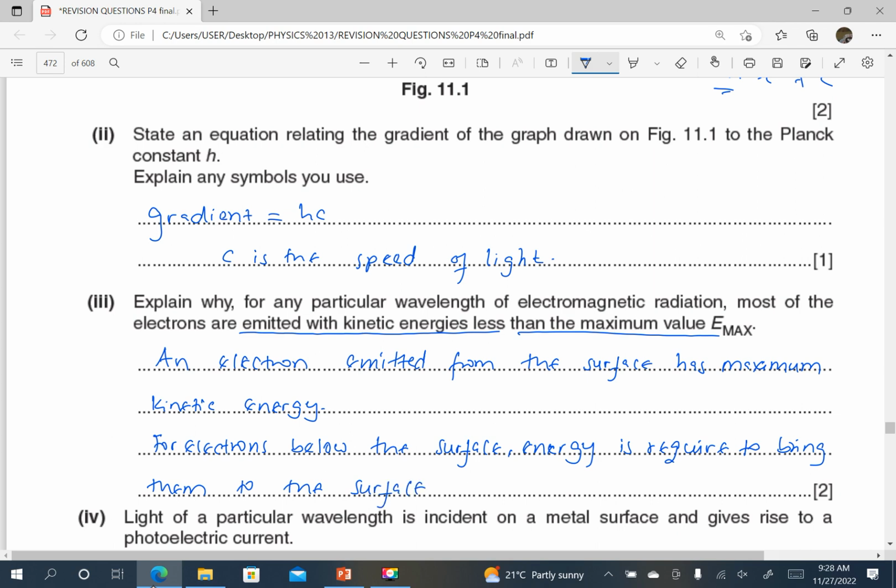For electrons below the surface, energy is required to bring them to the surface.